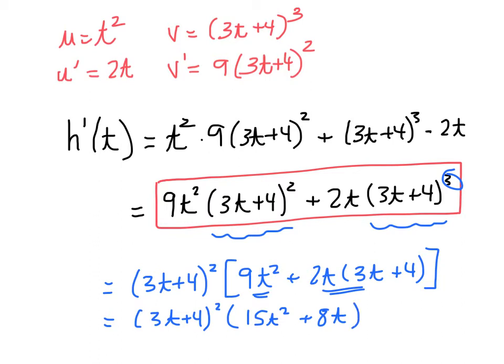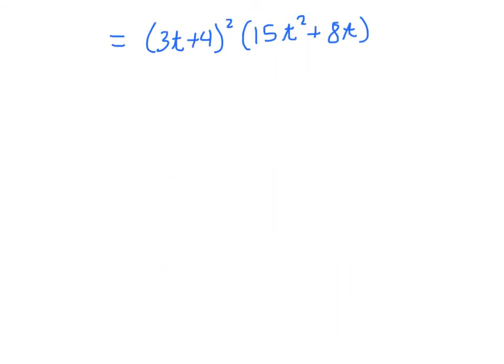And since we're in the factoring mood, you'll notice that there's a common term of t here. So I may as well finish this off since I started it. Let's go to the last screen and we'll factor that thing. Okay, so here it is just rewritten. We've got the 3t plus 4 squared that we factored out.